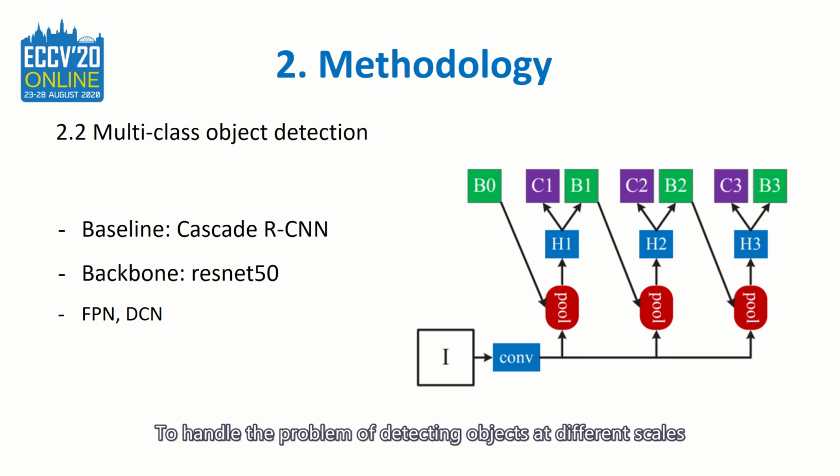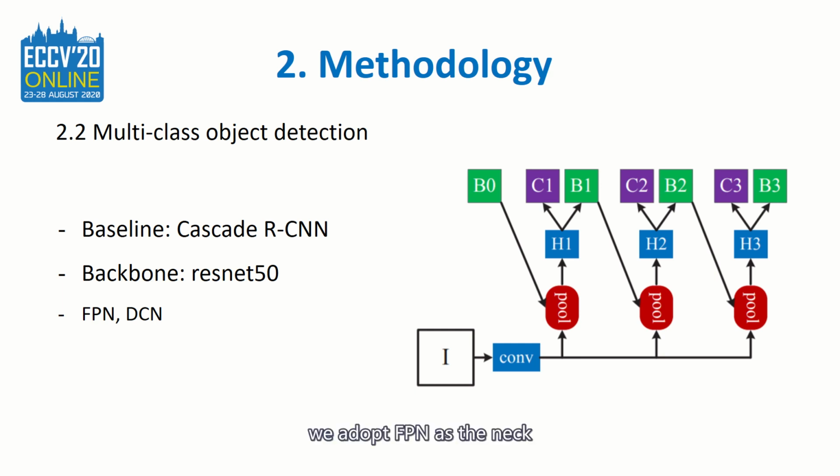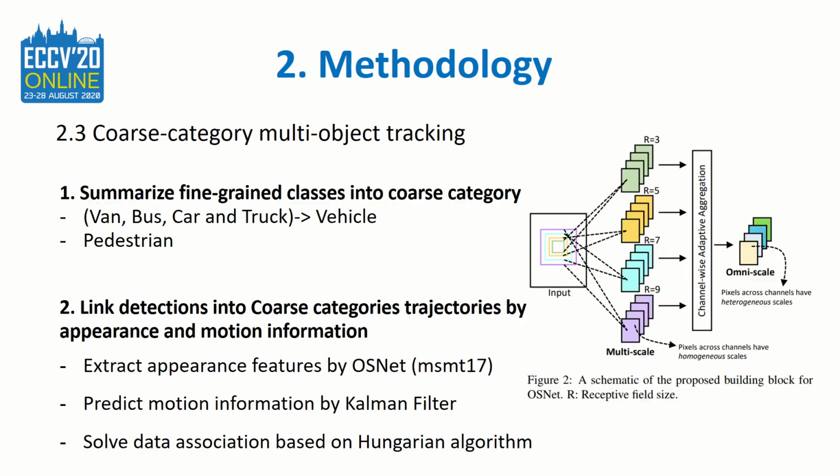To handle the problem of detecting objects at different scales, we adopt FPN, and introduce deformable convolutional networks to adapt to complex geometric deformation.